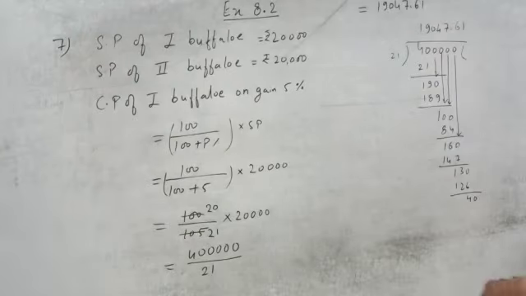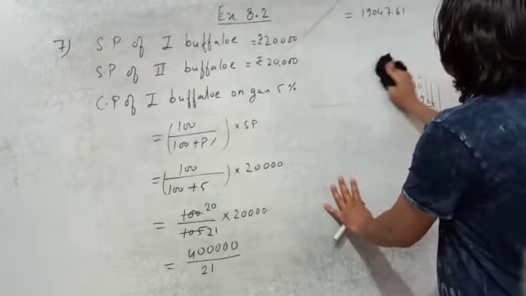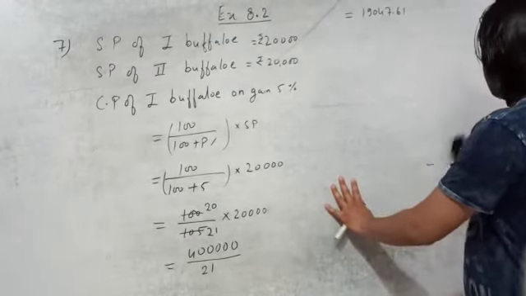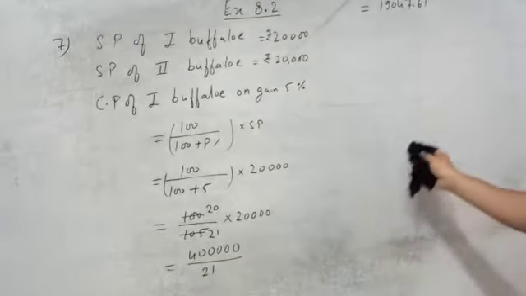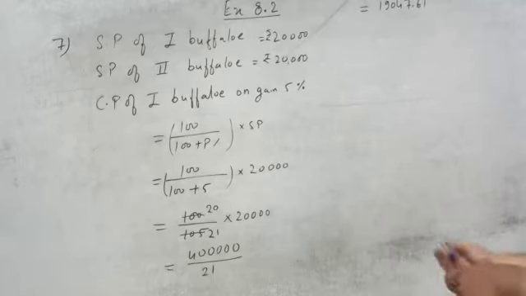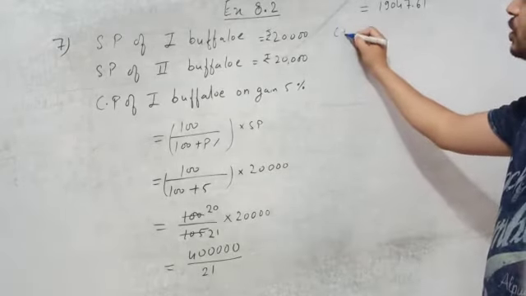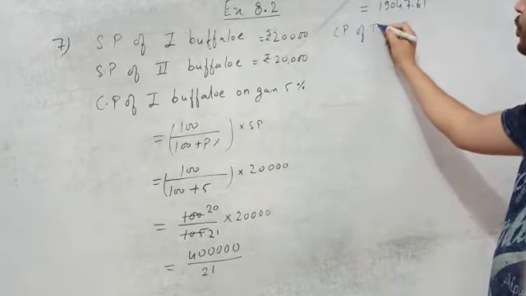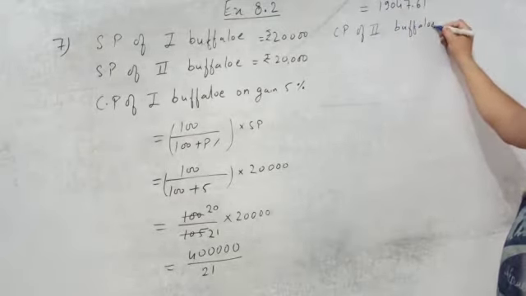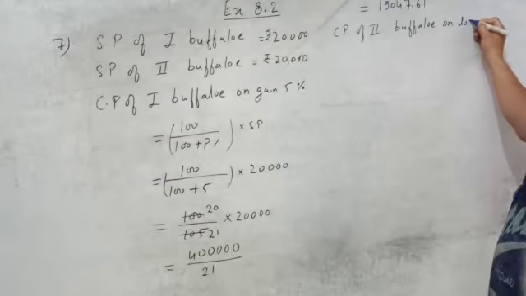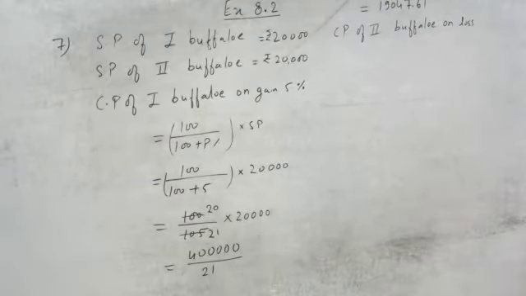Now we will find for the second one. So this is the cost price of the second buffalo on loss. How much loss is there? 10% loss is there.